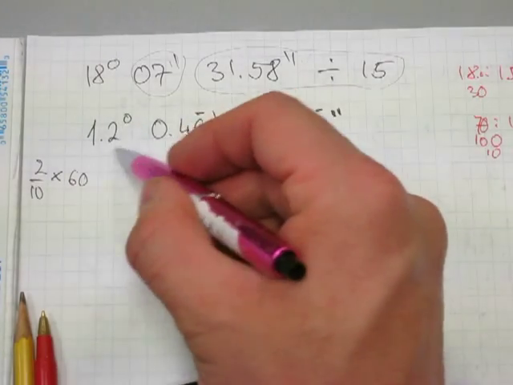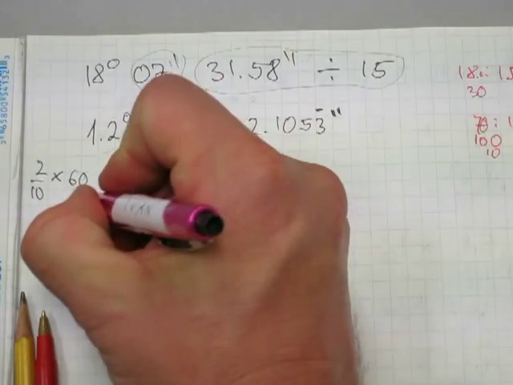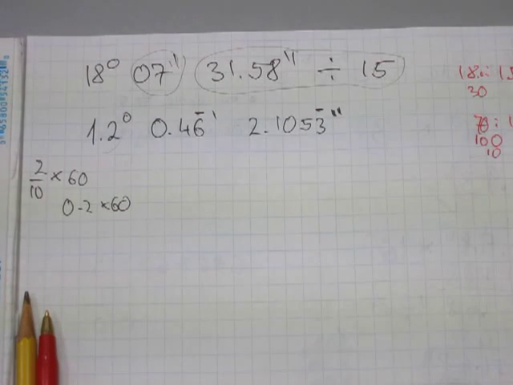We have 2/10 here of 60 minutes. And we can also write it in a decimal format, 0.2 times 60. The word of indicates again a multiplication.